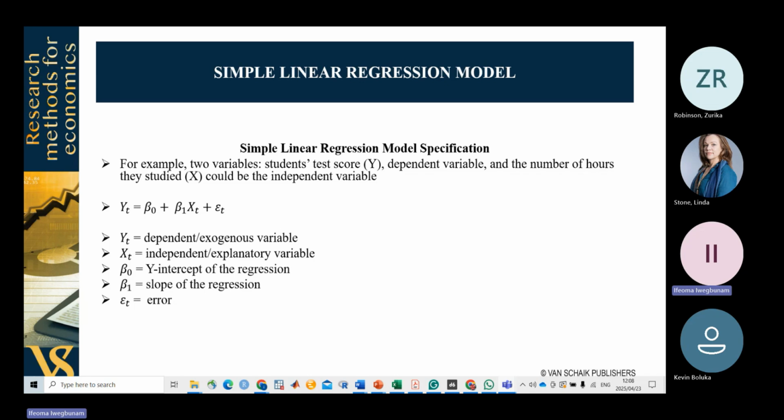We have the independent variable, that's the explanatory variable, the intercept of the regression, the slope, and then the error term, which are very important that we need to observe in the model specification in order for us to be able to conduct the time series analysis, and also to be able to get probably the result we are seeking.